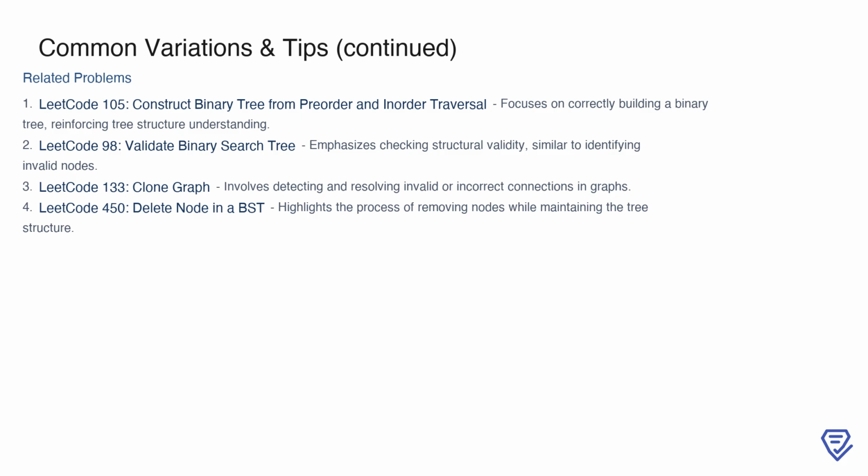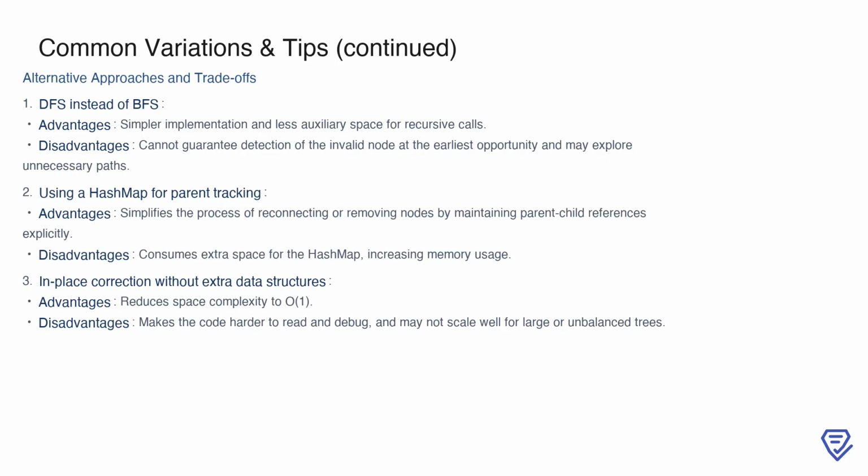Lastly, LeetCode 450 highlights the process of deleting a node in a binary search tree while maintaining its structure. This is particularly relevant because it focuses on ensuring that tree properties remain intact after modifications, which is a key aspect of the Correct a Binary Tree problem. There are alternative approaches to solving this problem, each with its own trade-offs.